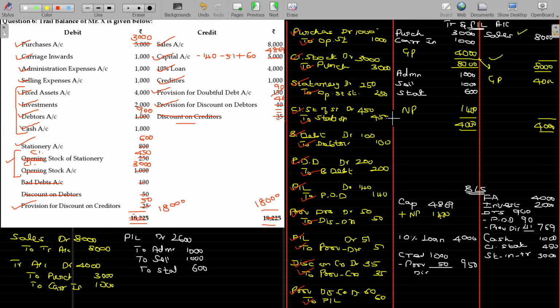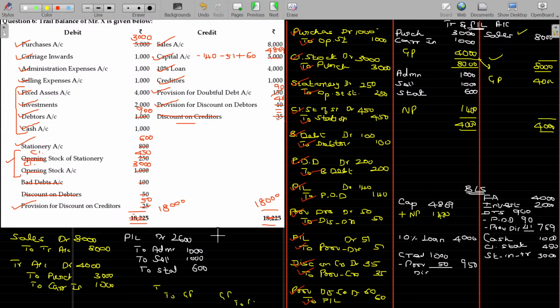For the GP, journal entry being what? Trading to GP and GP to P&L account.